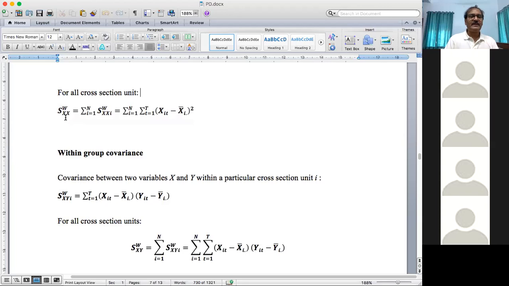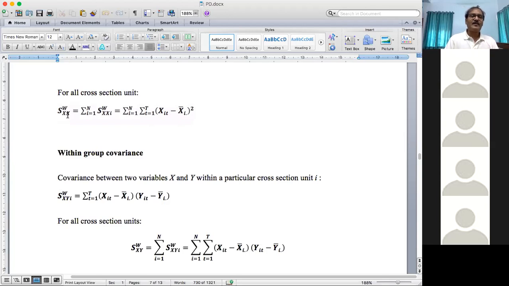Let us denote it by the symbol capital S, XX, W. W denotes within group. XX denotes, as you are familiar, that we are taking x twice to take the mean deviation of x whole square. One x denotes x minus x bar, another x denotes x minus x bar. So XX means the square component.